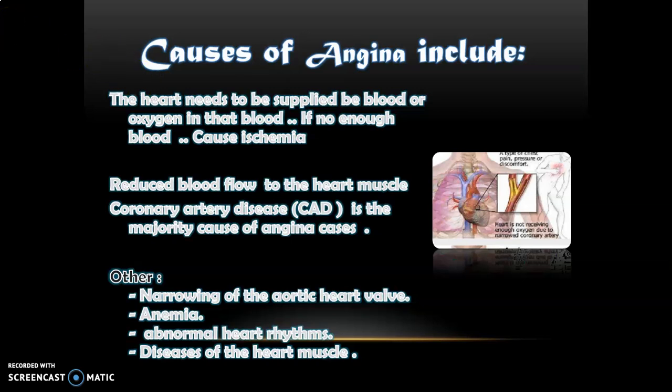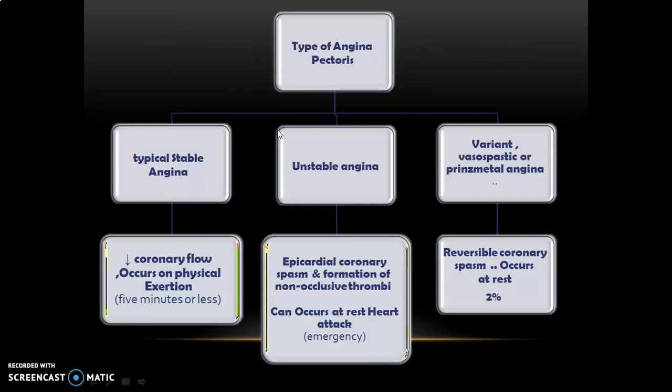Reduced blood flow to the heart muscles and coronary heart disease are the majority of causes for angina. Other causes for angina pectoris include narrowing of the aortic heart walls, anemia, abnormal heart rhythms, and diseases of the heart muscles.